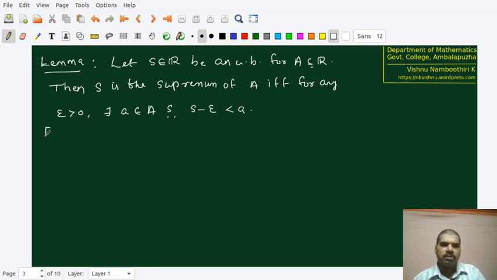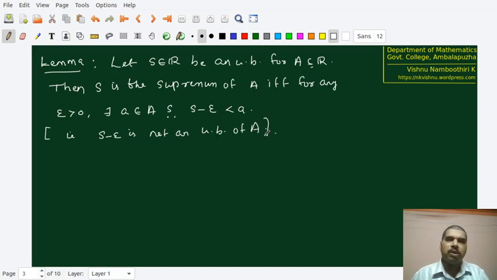Or in other words, S minus epsilon is not an upper bound of A. That is, S is an upper bound in such a way that if we slightly reduce S by a very small quantity, say by epsilon, then it will lose the property of being an upper bound. Therefore, any number less than S is not going to be an upper bound. That's what this lemma says. So we are going to prove this lemma.